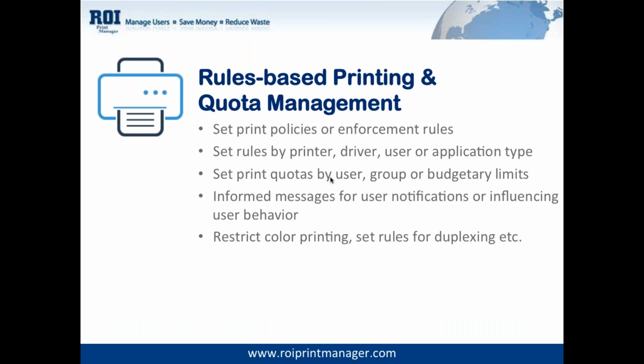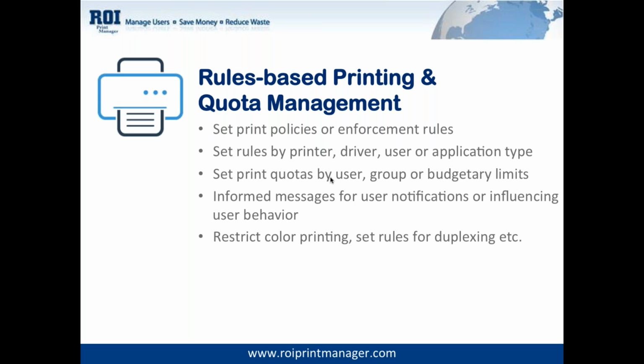And once we're capturing the documents, the print jobs from the user, we can begin to apply rules. So whilst you might allow users to print anything from their mobile devices, you might want to put certain restrictions on what they're actually printing. You might want to put in some color control, for example, like I mentioned earlier.